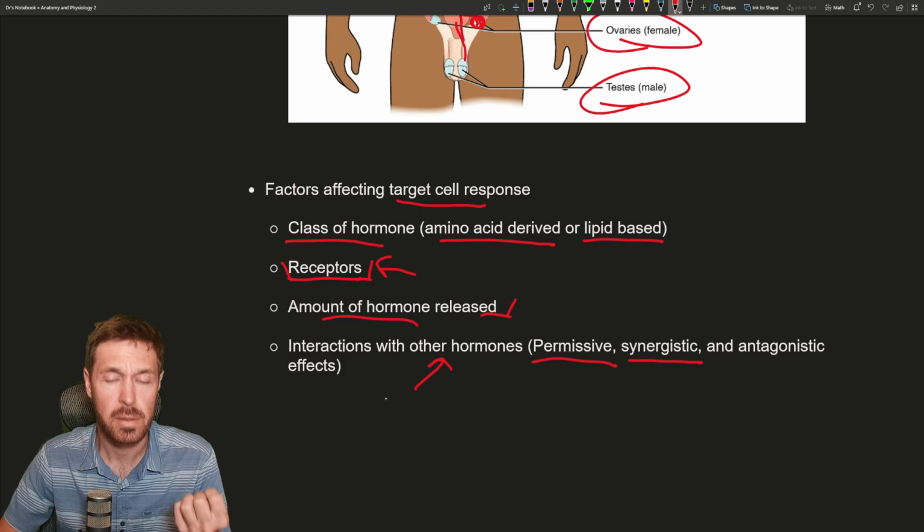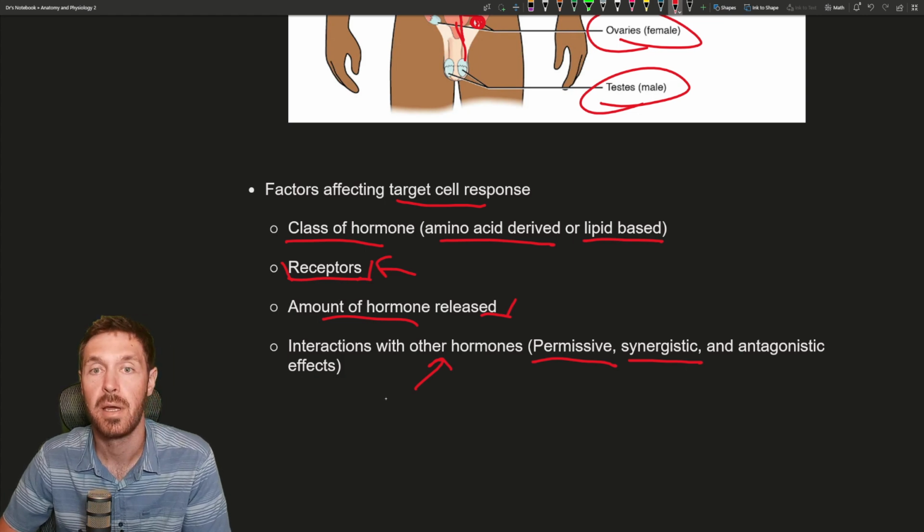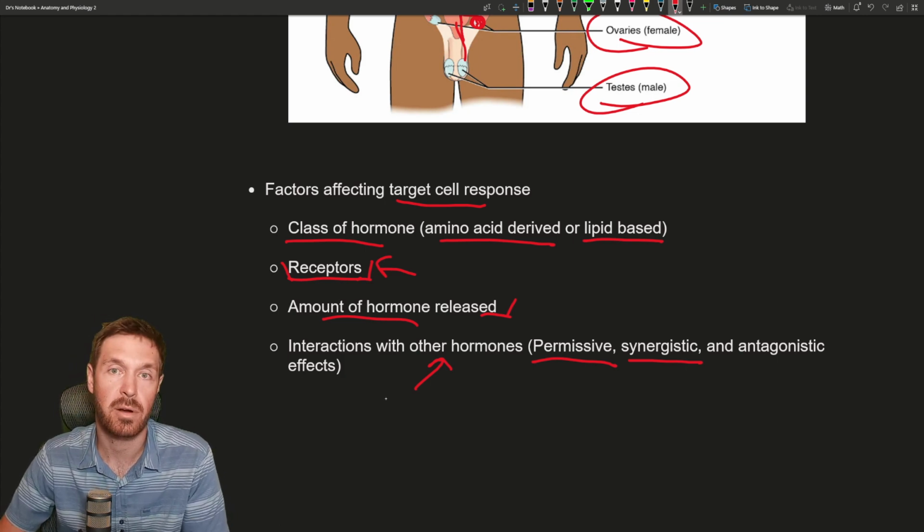Thyroid hormone says there's enough energy available for follicular development, and that gives follicle stimulating hormone permission to have an effect. Your fat adipocytes release a hormone called leptin, and when leptin levels are high enough, it promotes the release of estrogen and the onset of puberty in females as well. So that's a permissive effect.